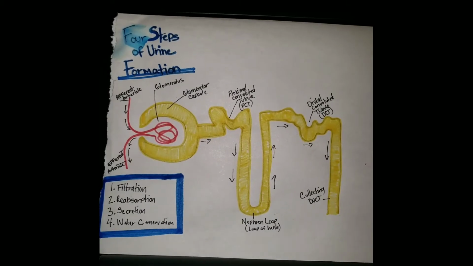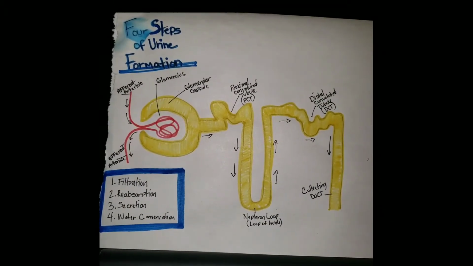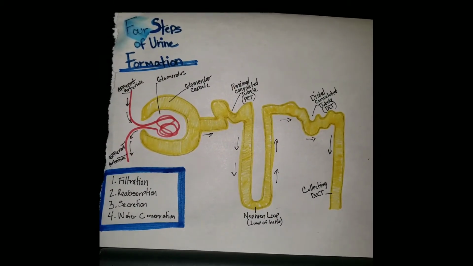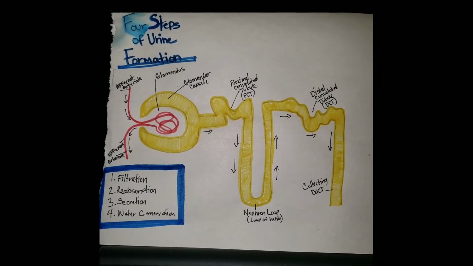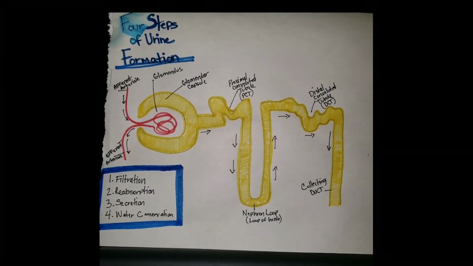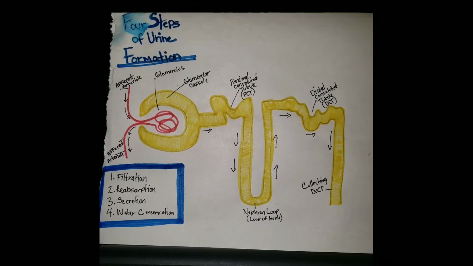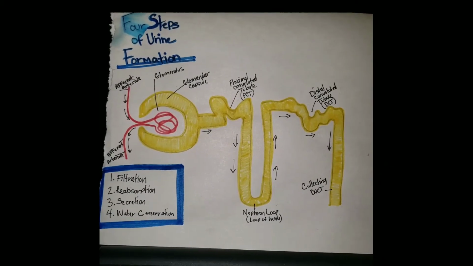The vasa recta, which is the area that helps the loop of Henle in the juxtamedullary nephrons, will also help with the reabsorption of water.